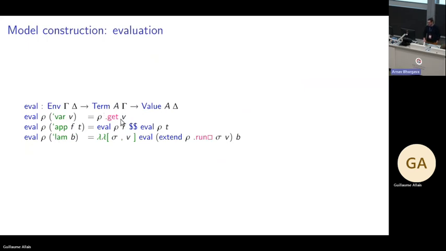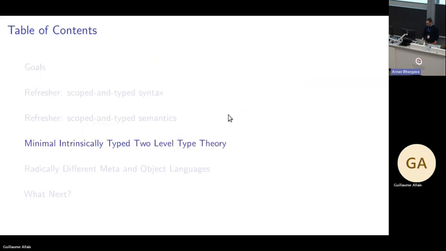Or I could have been cute and called this var or something, and then we would go from syntactic var to semantic var, and from syntactic application to semantic application, and from syntactic lambda to semantic lambda. But you can see that we've just built enough structure in the model that we can do a direct interpretation of our constructors as their semantic counterpart. And everything type checks and terminates, and we're happy.